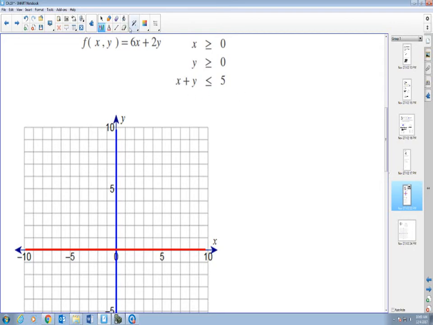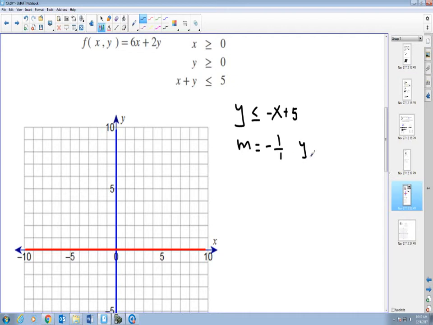Now the third one, the quickest way I can graph this is using the slope-intercept form by solving for y. If I get y by itself, that will be y is less than or equal to negative x plus 5. Using the slope-intercept form, I know my slope m is -1, which means -1 over 1.